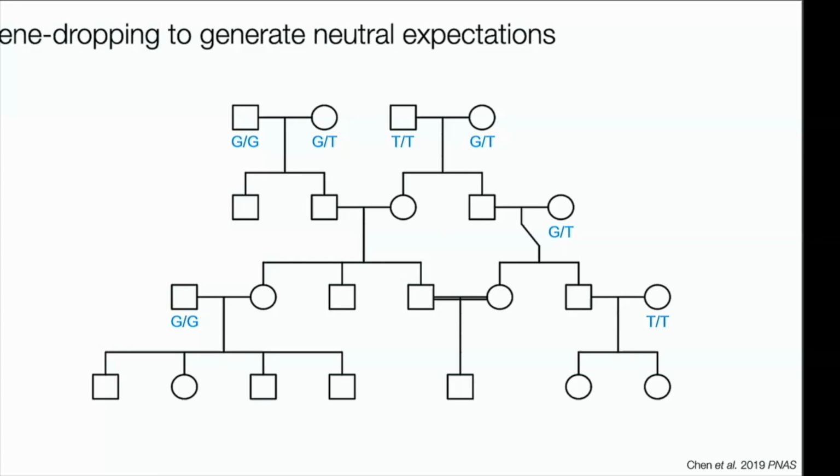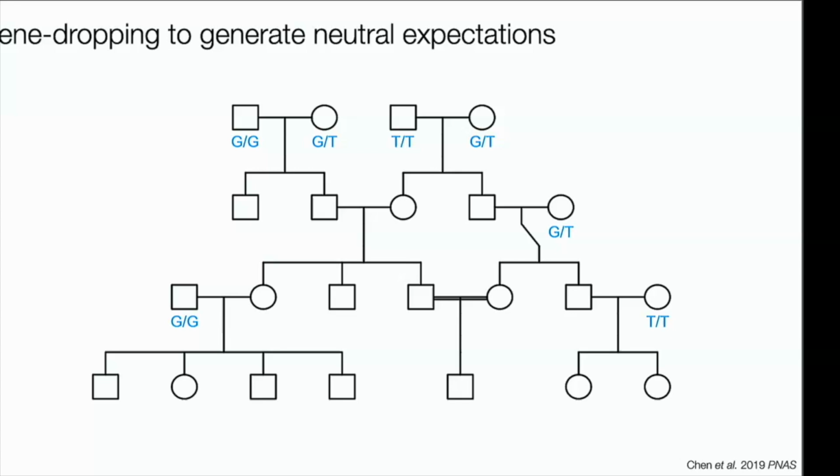To do this, we use a simulation process called gene dropping in order to generate neutral expectations. A lot of population genetic neutral models assume a Wright-Fisher population, but here we know we violate a bunch of the assumptions of a Wright-Fisher model. We have overlapping generations and a lot of related individuals. So for us, the most accurate neutral model is to simulate Mendelian transmission of alleles down our known population pedigree.